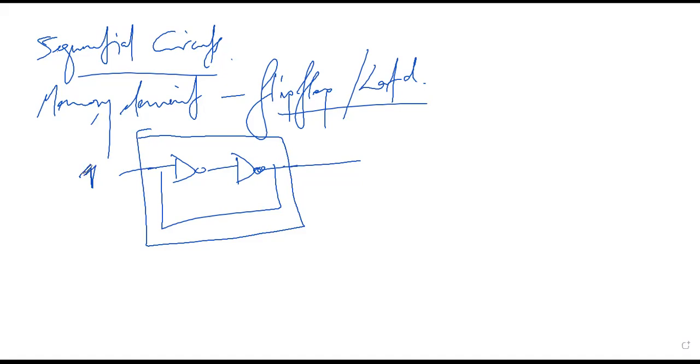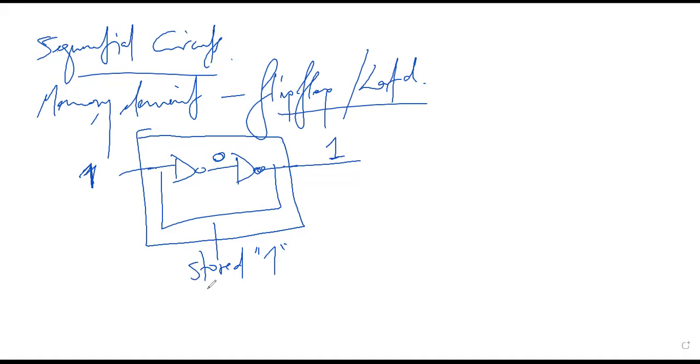If I input 1 here, with the NOT gate it becomes a 0 here and another 1 here. With a circuit like this, it means I have stored the information bit 1. This is how you store information. This is an example of a memory element.